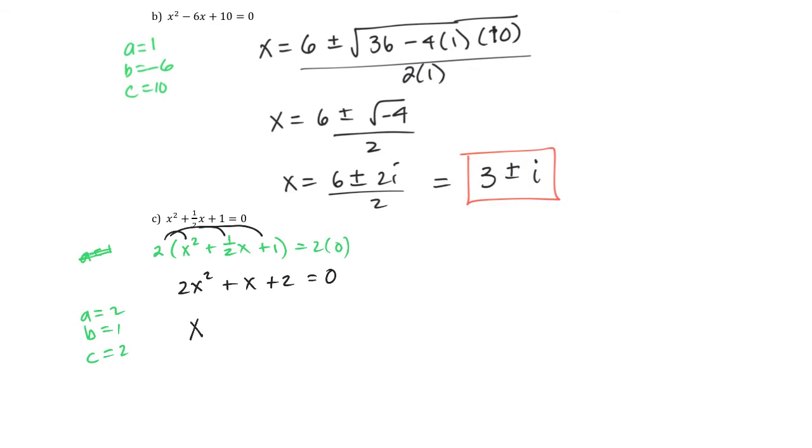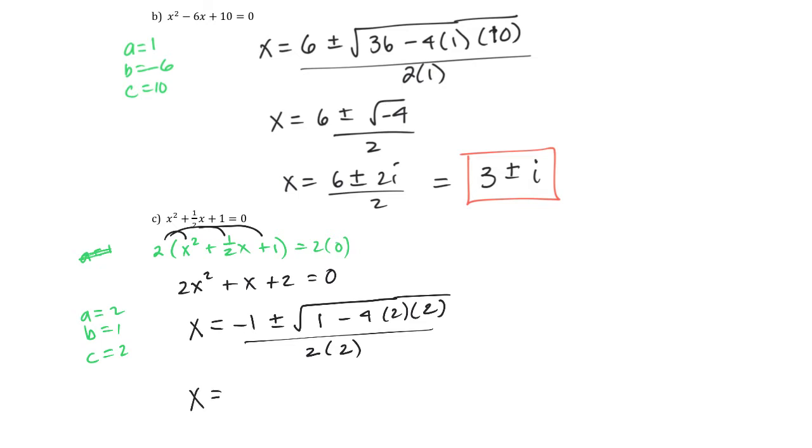Okay, so using the quadratic formula, x equals the opposite of b, so negative 1 plus or minus the square root of, oops, I have to do b squared. Let's see, b is 1, so 1 squared is 1, minus 4 times a, which is 2, times c, which is 2, all over 2 times a.